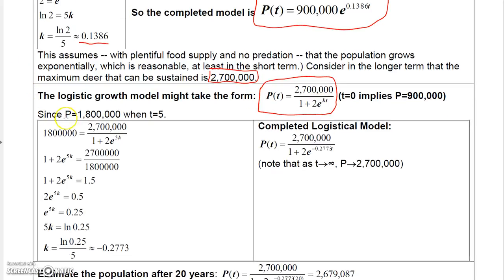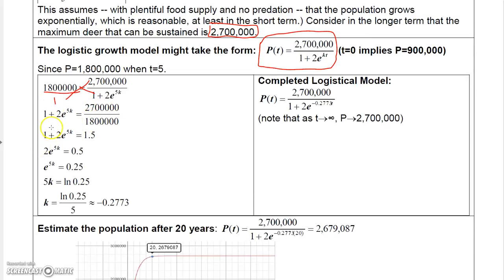Now, I'm going to plug 1.8 million in here when t is 5, and I'm going to see what this constant's going to be. Let's see, what am I going to do? All right, well, you can cross multiply here. So if you cross multiply, you get this times this equals 2.7 million, and then you can divide both sides by 1.8 million and get that 1 plus 2 e to the 5k is 2.7 million divided by 1.8 million.